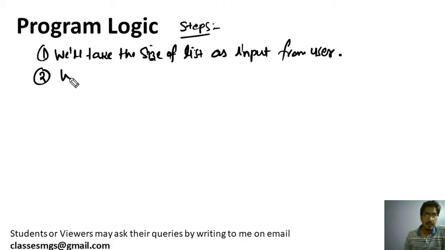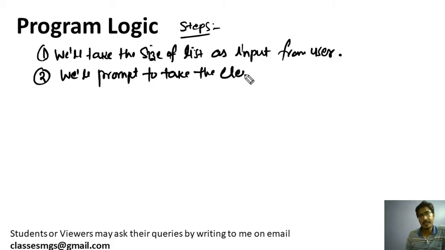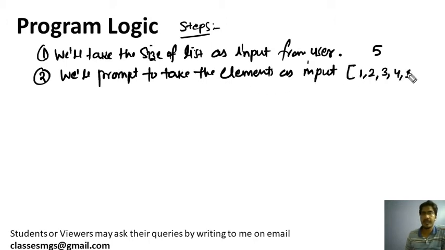Then we will prompt to take the elements as input from the user. Let's suppose the user entered size 5, then we will take 5 elements. Okay, input, let's suppose he will take input 1 2 3 4 5, he may enter anything.